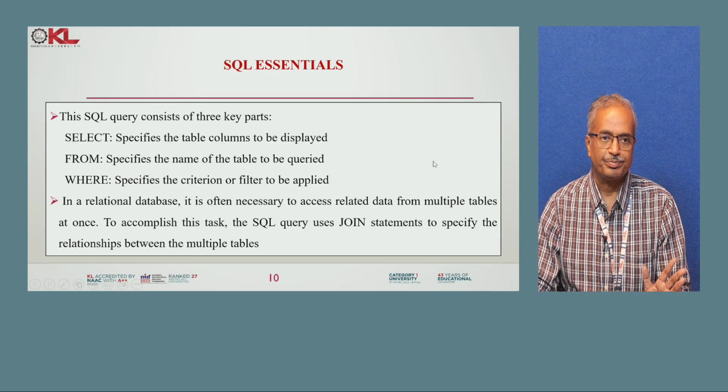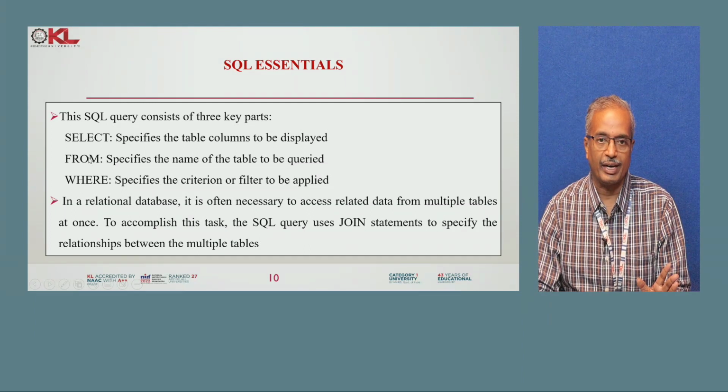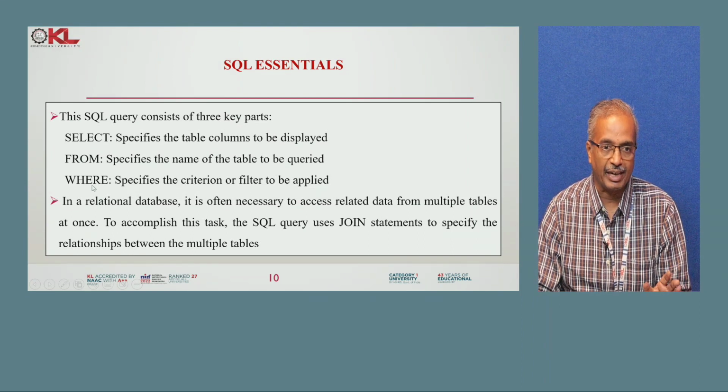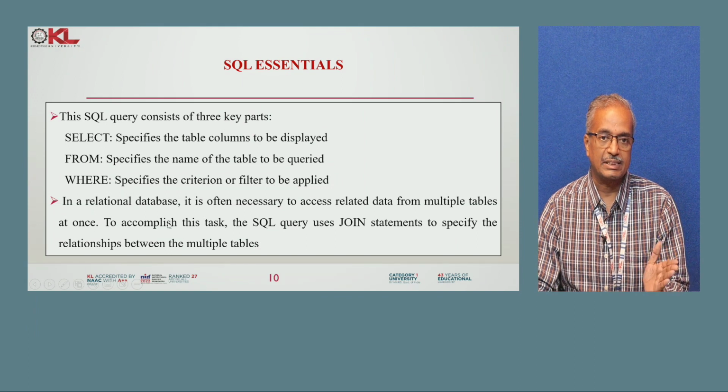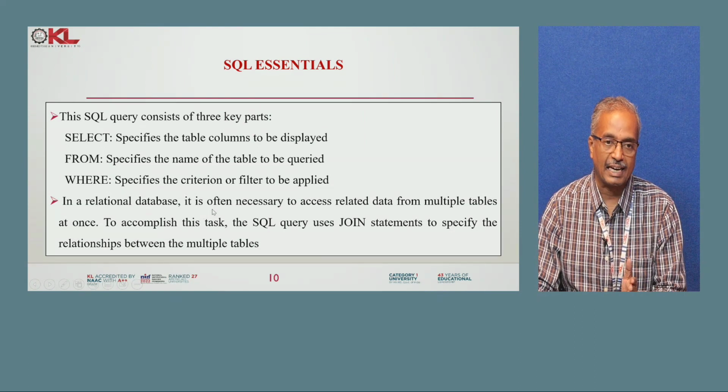The next one. Generally in an SQL query we use three key parts. One is select, the second one is from, the third one is where. Select, to select the table columns you want.